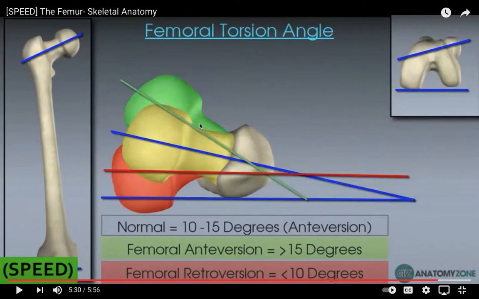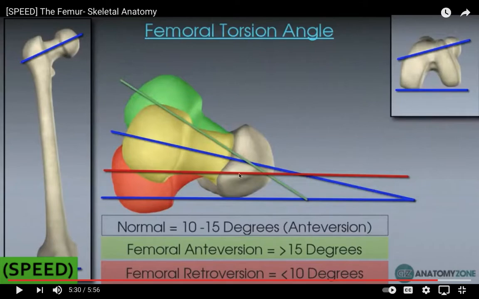And you can see this green femur. This is what it's going to look like here. So you can imagine if you slide this femoral head into the acetabulum, that's going to result in this angle here turning in, resulting in femoral anteversion.